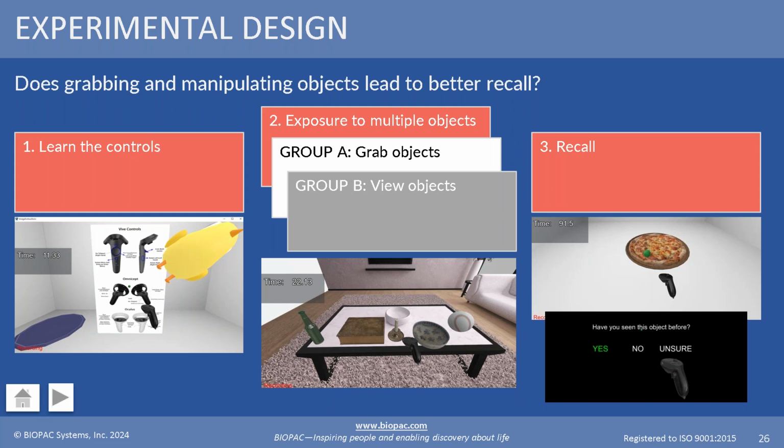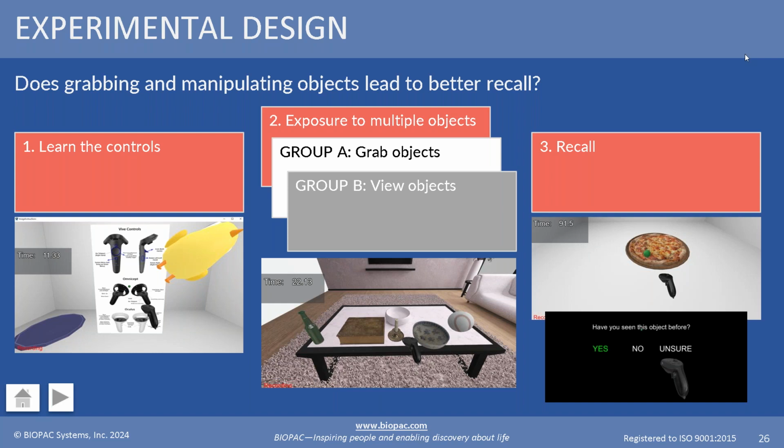And this is how we go about setting this up. When participants come in the lab, they will first go into a world where they have to learn the controls. So what are they going to do with their controllers? Which you can see. Actually, you can't see my video, but you see it later.